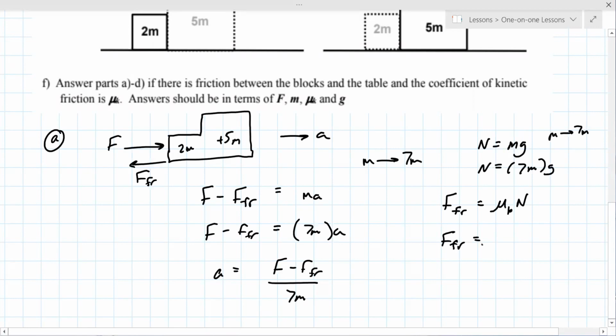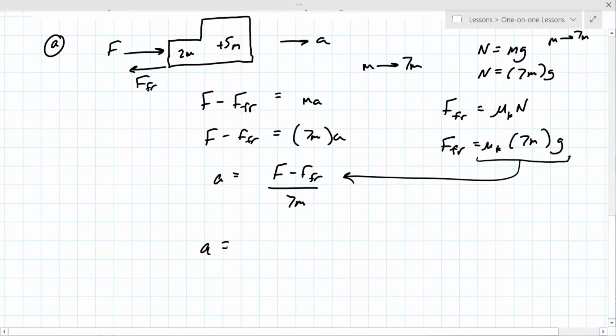The force of friction is mu k times 7m times g, and all of that has to go over here. So the acceleration is really F minus 7 mu k m g over 7m.